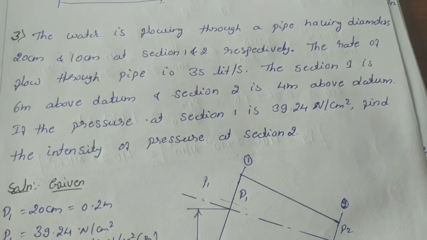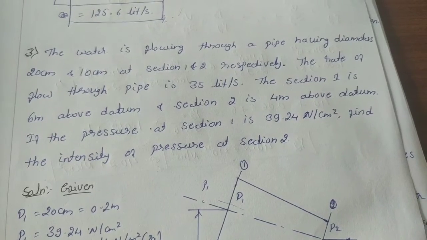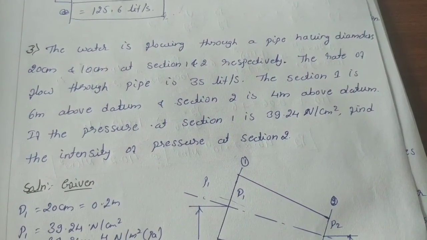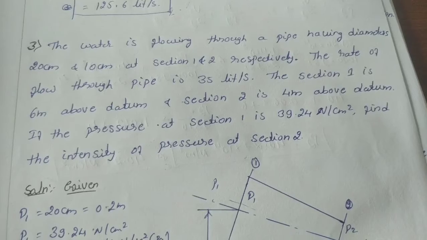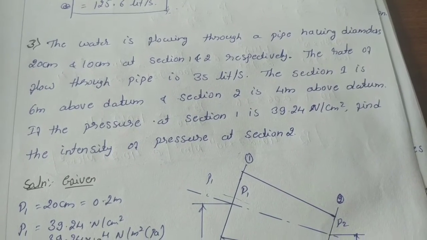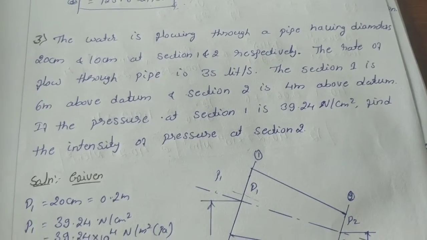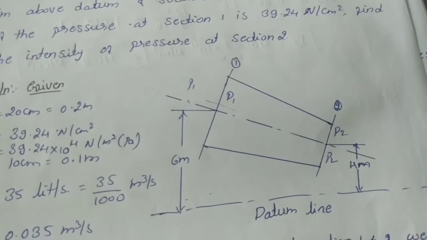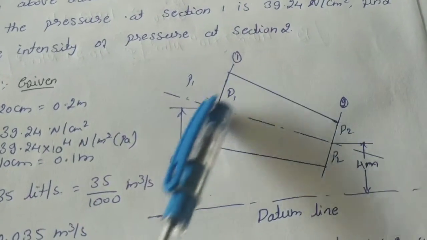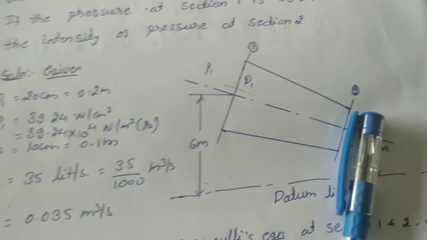Also, section 1 is 6 m above the datum and section 2 is 4 m above the datum. Look at the figure: from the datum, this is section 1 and this is section 2.